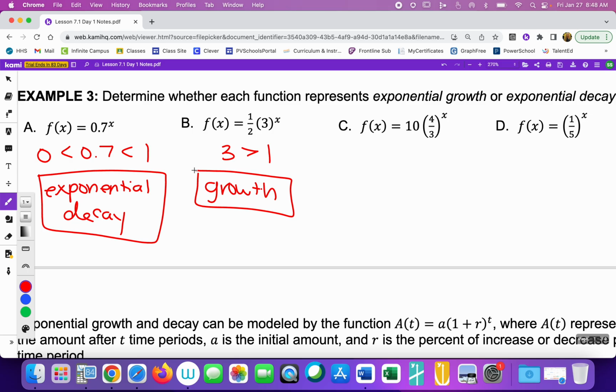What about C? I would say it's growth because it's greater than 1. So 4/3 is a fraction, but is it less than 1? No. If you weren't sure, change it to a decimal. That's 1.33333, which is still larger than 1.